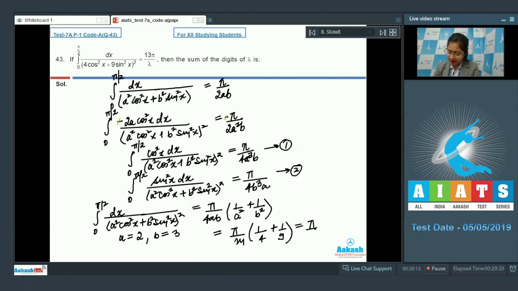That will be equal to pi by 24 into 13 by 36. So this is equal to 13 pi divided by 864. So we can say that the value of lambda is equal to 864. So the sum of the digits of lambda will be 8 plus 6 plus 4, that is 18. So the answer of this question will be 18.